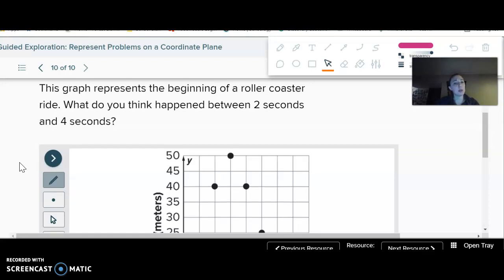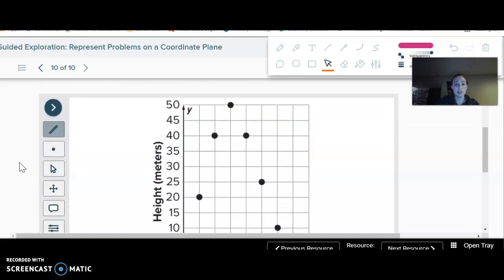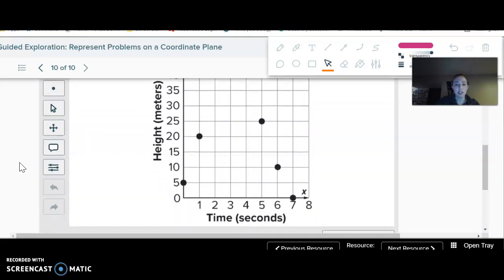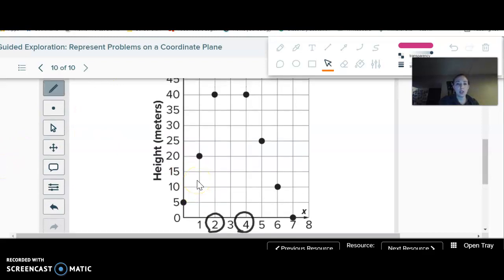So this graph represents the beginning of a roller coaster ride. What do you think happened between 2 seconds and 4 seconds? So if we look on our graph, find our seconds, okay, our seconds are down here, right? So 2 and 4. Well, if I scroll on my graph, 2 is right here, 4 is right here.